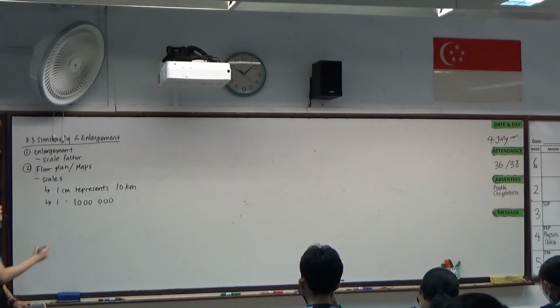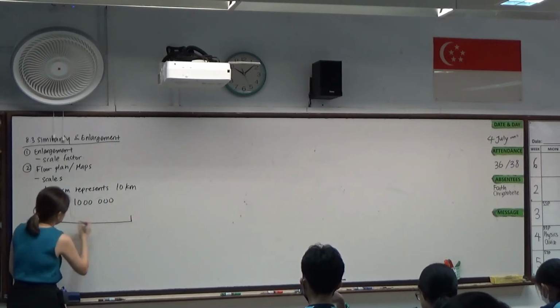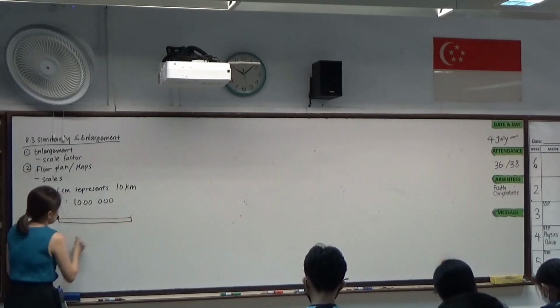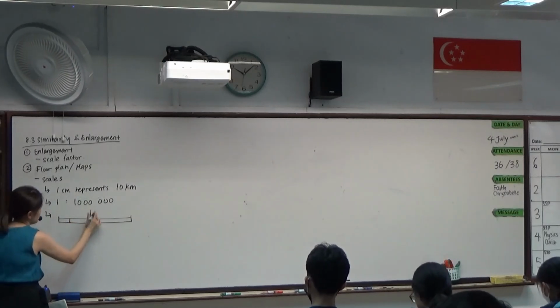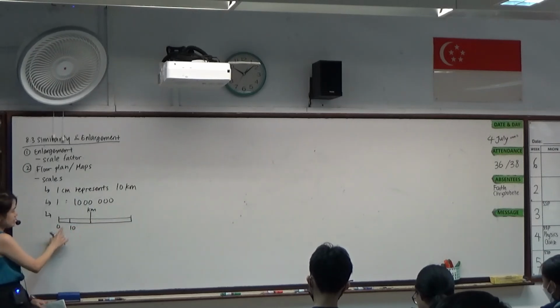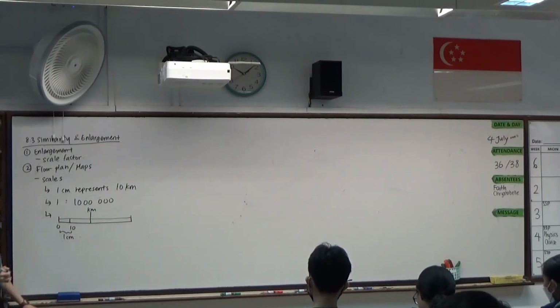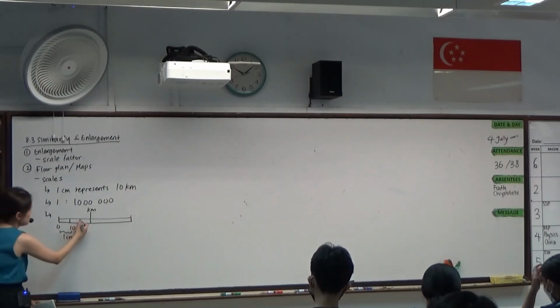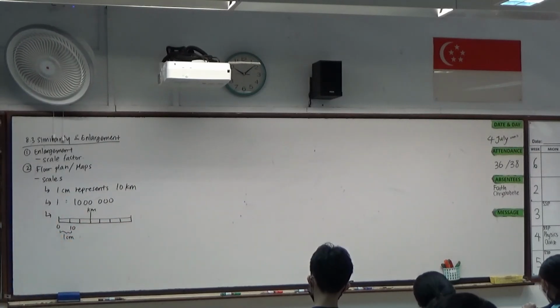Then we also saw situations whereby we are given a diagram, and then we needed to measure, then this is 10 km, which is 1 cm itself, if I use a ruler. I'm not drawing it to one, I hope you get what I mean.